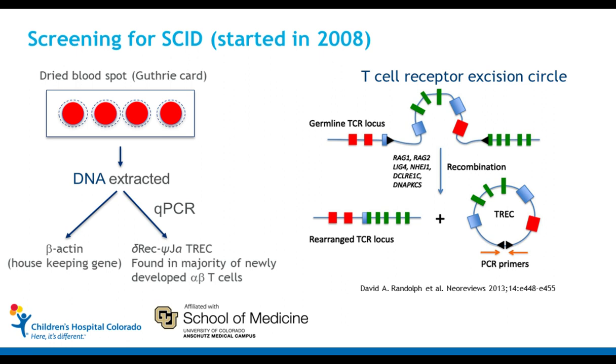And on the right-hand side is a circular piece of DNA called the TREC, or the T cell receptor excision circle. So PCR primers can be used to amplify out this T cell receptor excision circle and quantify it. And quantification of these TRECs tells us whether the baby has produced sufficient numbers of alpha beta T cells.